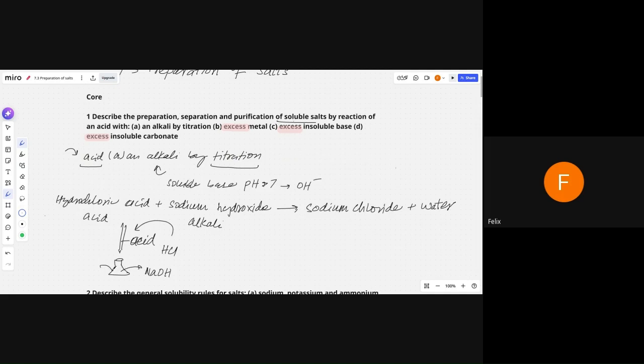We put in an indicator, which is something that changes color when the end point is reached, when the neutralization reaction is achieved, right? By neutralization, I mean when all of the acid that we are pouring in completely neutralizes the alkali. So H+ ions and OH- ions will be equal at the neutralization point, right? This is why we use titration.